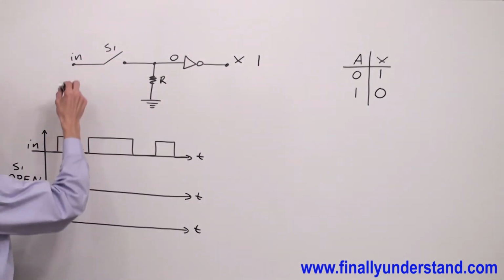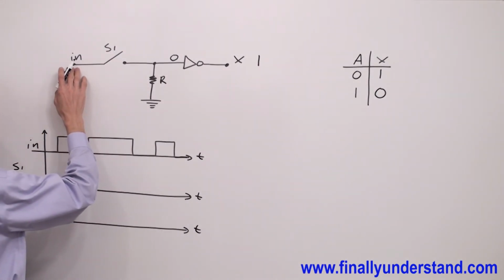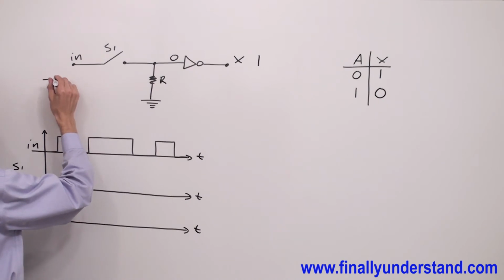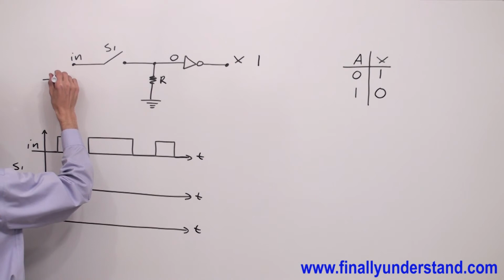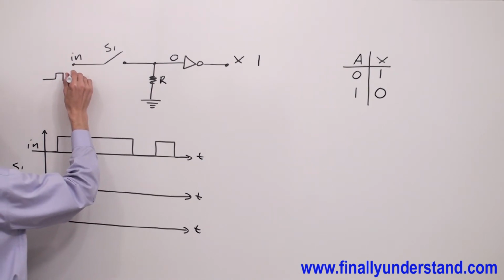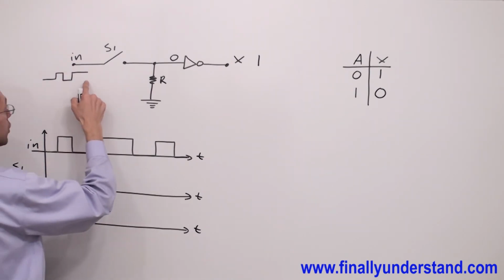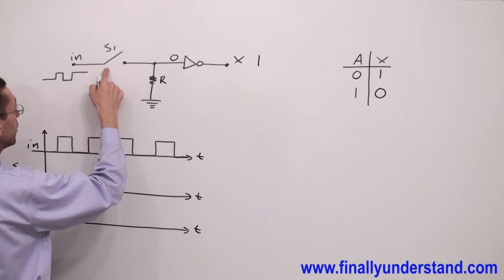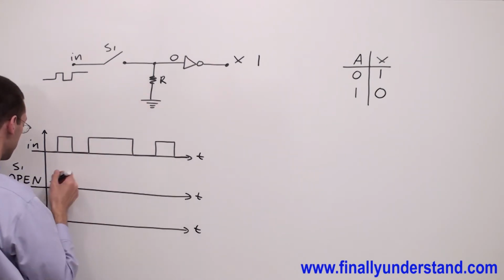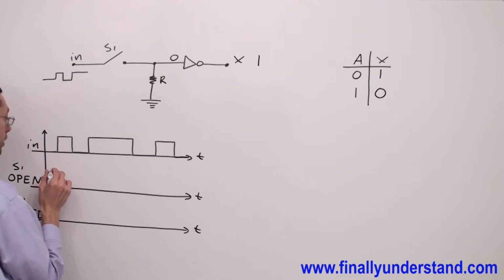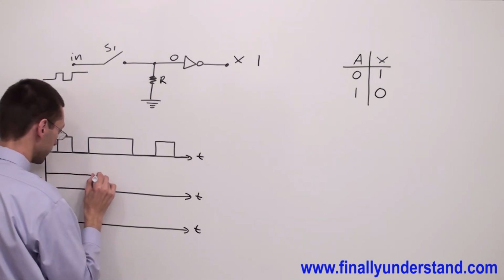And no matter what comes to the input, the input is going to simply receive this waveform. Let me just draw one piece of it. Because the switch is open, nothing is going through. That's why I'm going to have simply logic high on the output.